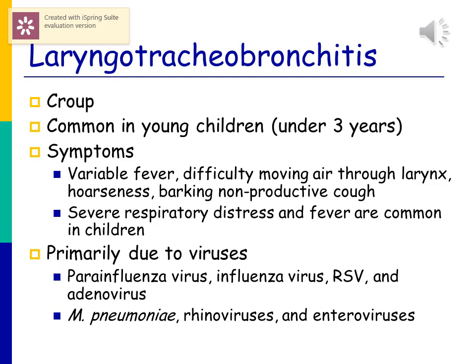And by non-productive, meaning coughing but not bringing up any mucus with that cough. This can be associated with severe respiratory distress as well as fever. So usually this is due to viral infections such as parainfluenza, influenza, respiratory syncytial virus, and adenovirus.